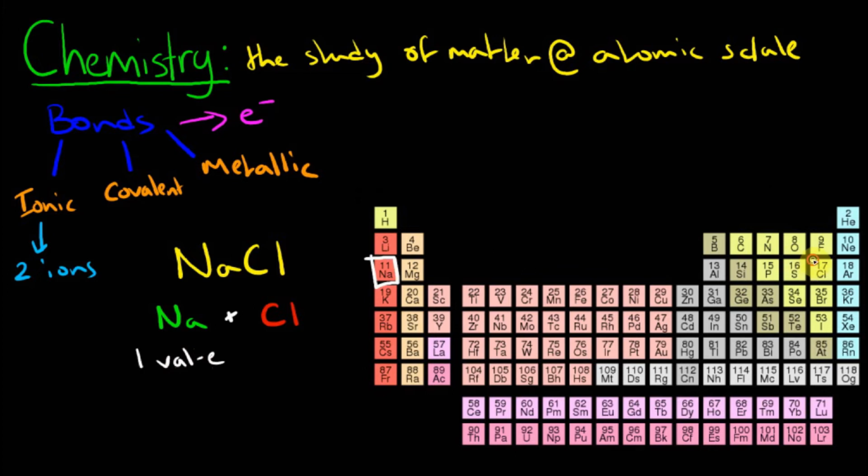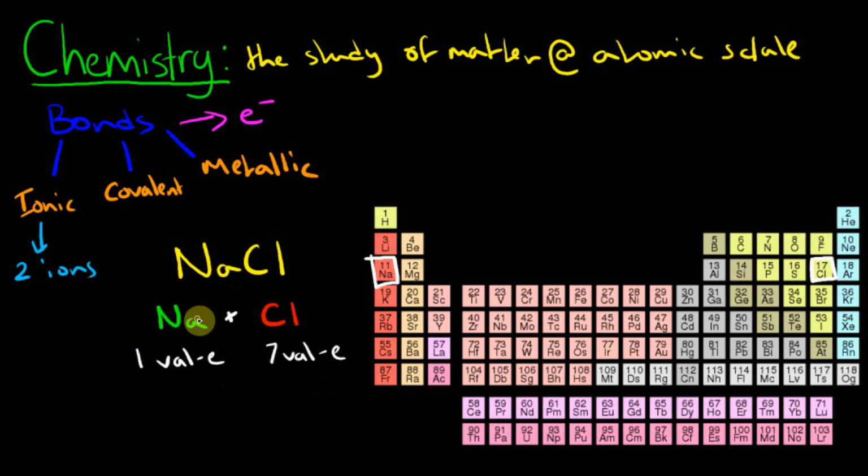And chlorine, Cl, is right here. It's got 7 valence electrons. So Na, sodium, really wants to get rid of its one valence electron. That will give it a complete shell. Meanwhile, chlorine really wants to gain an extra valence electron to complete its shell.